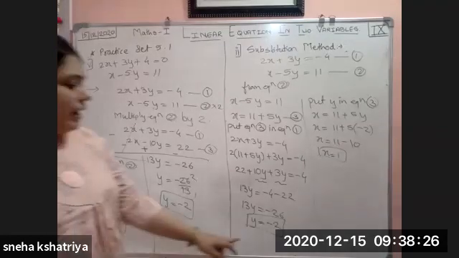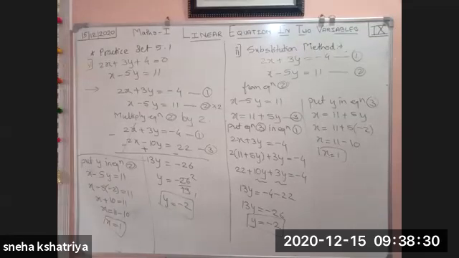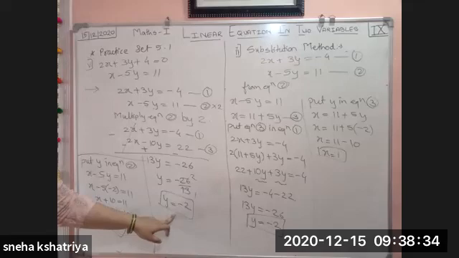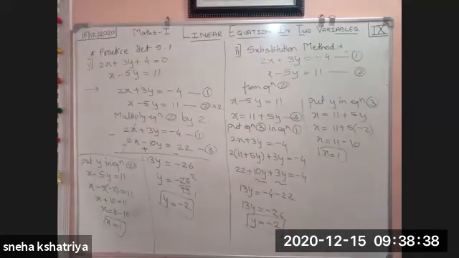So this is the value of y and this is the value of x by using the substitution method. See here, the same example, same values: y is equal to -2 and x is equal to 1.